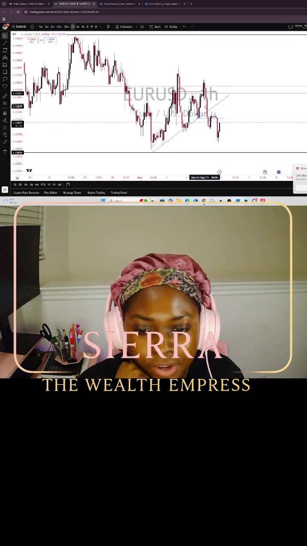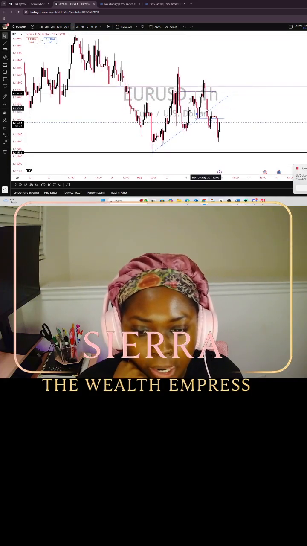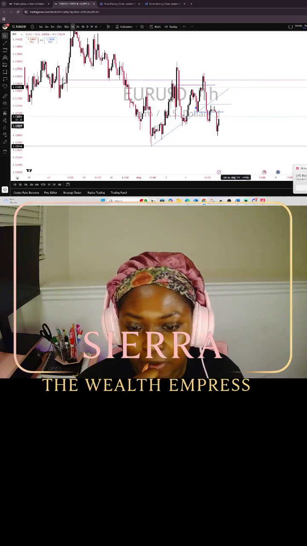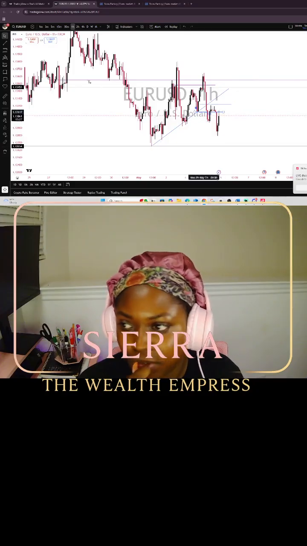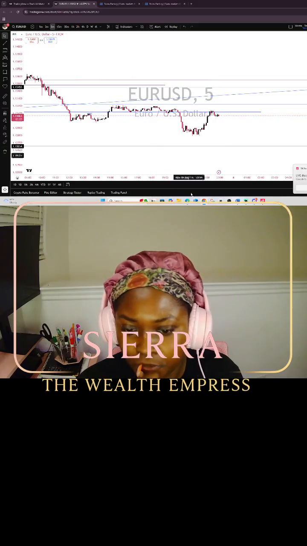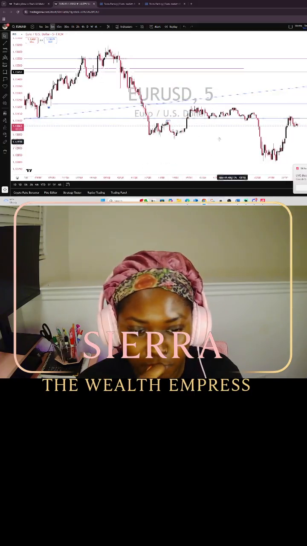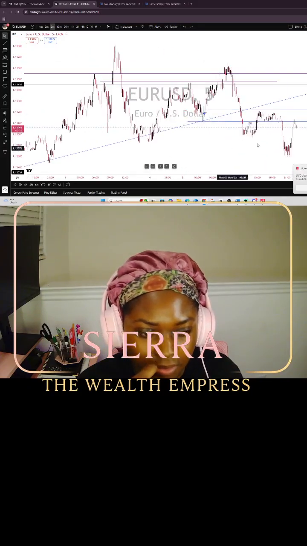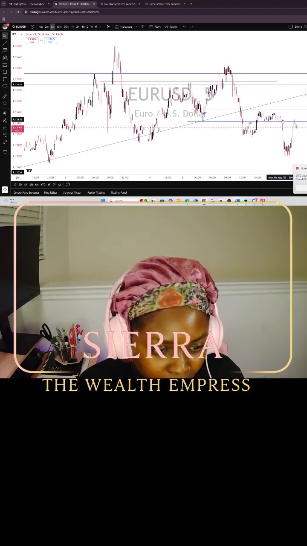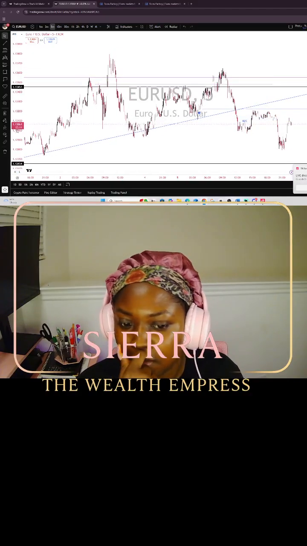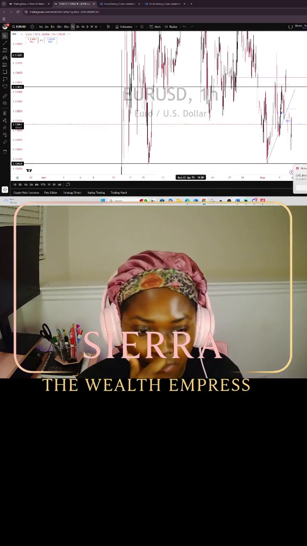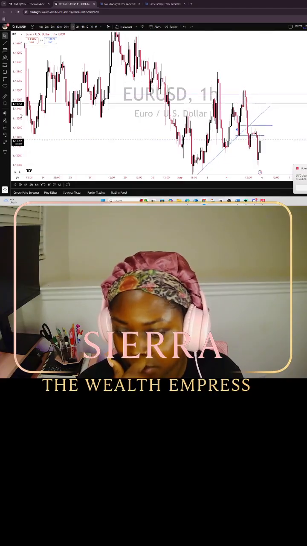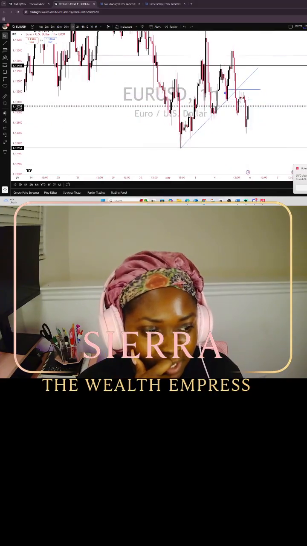EU never even came to 50% of this gap. Whatever this is, I guess it's retesting structure here. That could be a decent move right there. And price came back into this gap right here. I just don't like that it didn't touch my 50%. So remember, if it don't touch my 50%, I don't want it. I'm going to leave it where it's at.